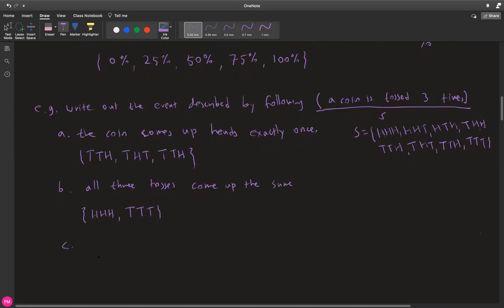Now let's look at the next one. This one says exactly half of the tosses come up tails.